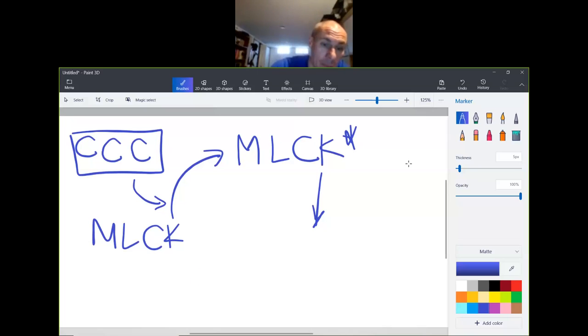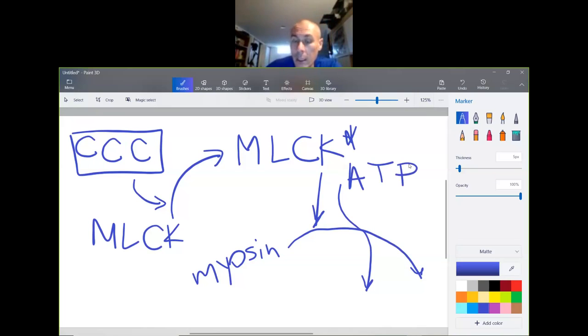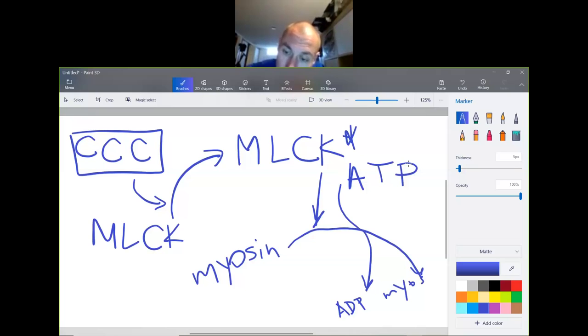So we have myosin, ATP comes in, it's broken down into ADP and phosphate. ADP leaves, and you're left with myosin which has a phosphate group hanging over it. Does that make sense?